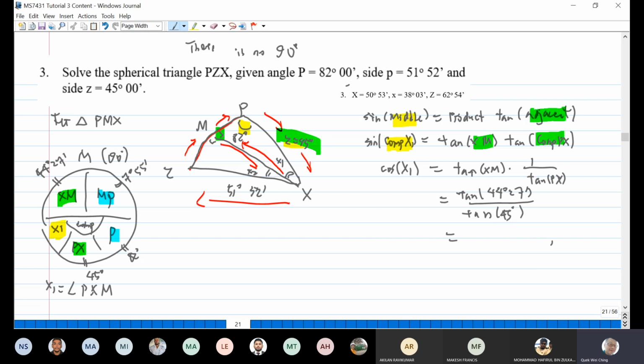Tangent 44 degree 27 minutes, then divided by tangent 45 degree, and this is 0.9810 now.